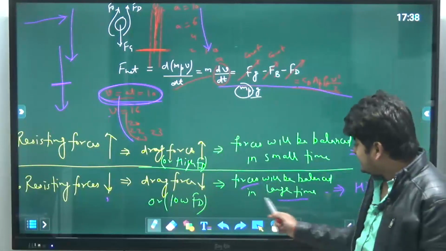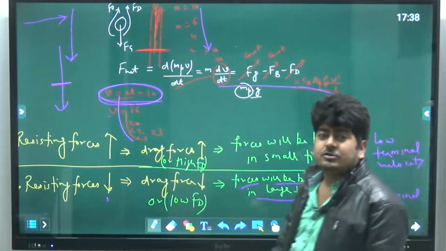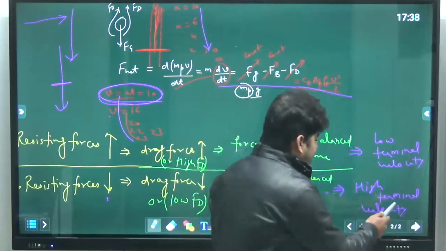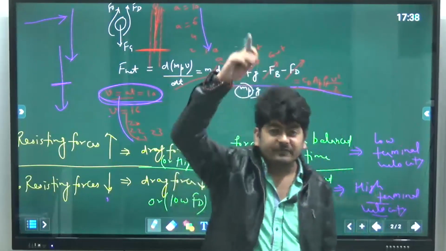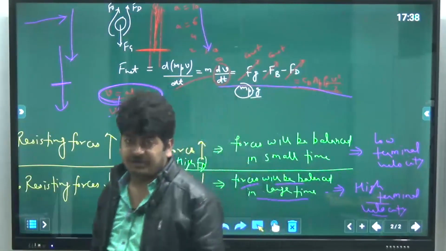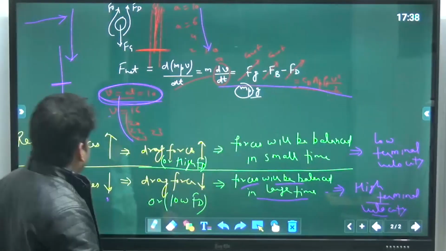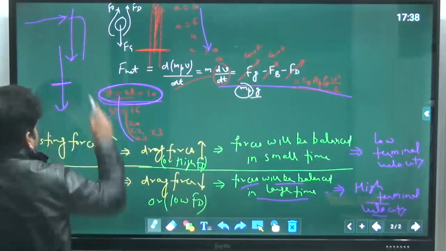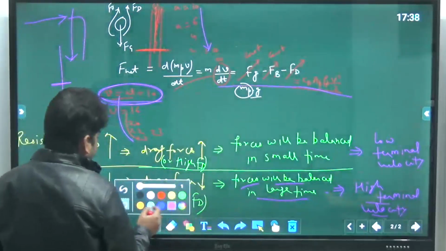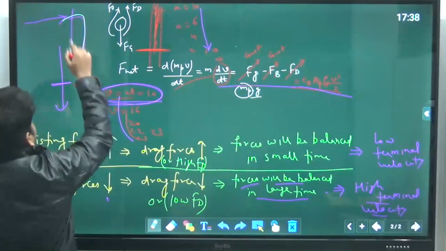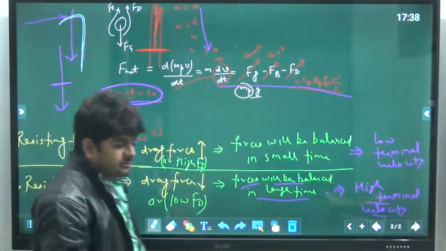And since force balance is taking place in larger time, obviously the settling velocity of the person will be high. So the person will fall with very high velocity. Okay. Second scenario. There is another person who is quite smarter. He values the excitement, but he knows what to do.